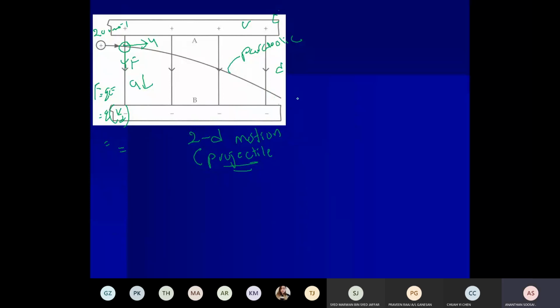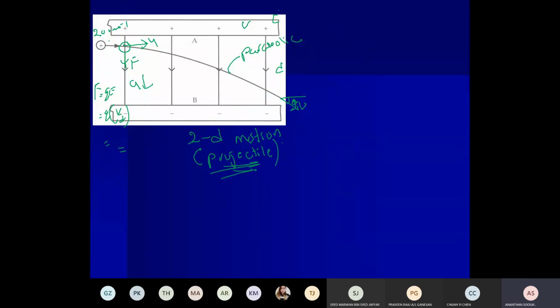When it crosses the plate and comes to the end, what is the speed it's traveling? What velocity is it traveling when it leaves the plate? And what angle is it traveling from horizontal when it leaves the plate? This kind of question they're going to ask. These all are projectile.